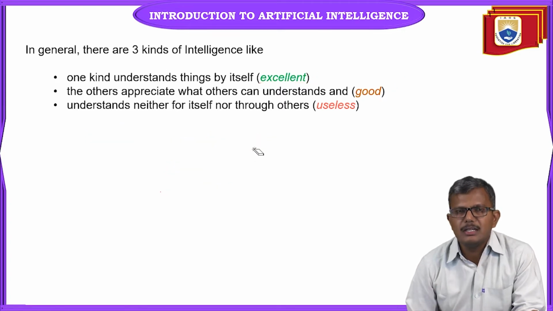Once we get an idea about the differences between knowledge and intelligence and the different kinds of intelligence, next we need to understand the main requirement, or the main need that humans have: why they have created a machine and why they are making a machine to think. For that, first of all, we need to understand the definition of artificial intelligence. Then we will try to get some of the reasons which are making humans create a substitute.